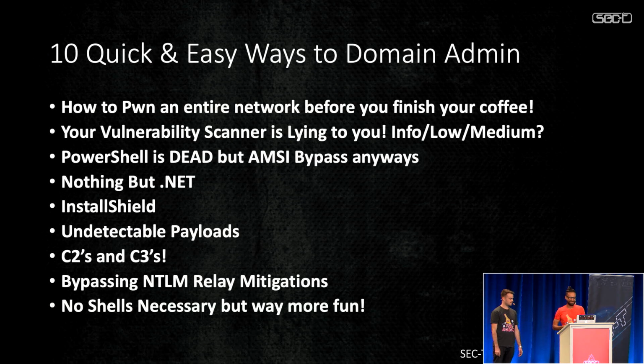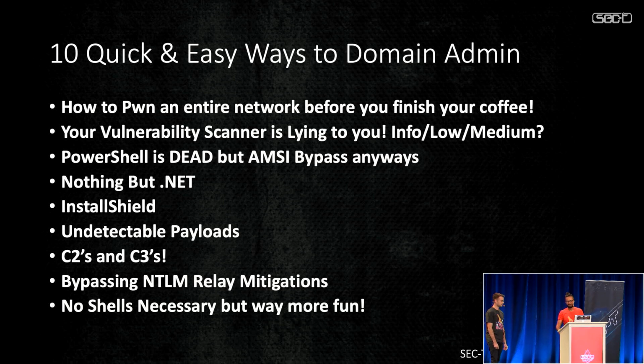Once we're on the inside, I'm just going to do 10 quick, easy ways to get domain admin. I'm not going to do MS17 RCE stuff because that's too easy. We're going to go after low to medium findings that your vulnerability scanner typically tells you are only informational or low, don't worry about it.